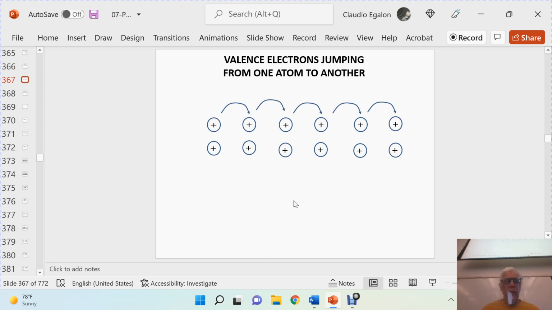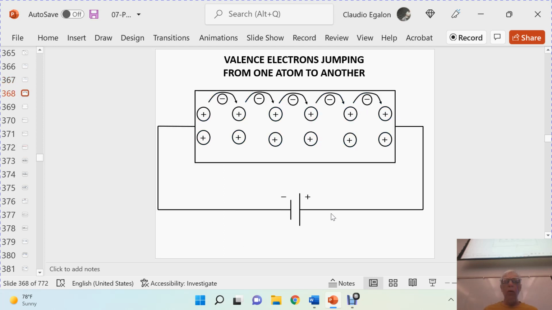And those valence electrons in metals are capable of jumping from one atom to another. This jumping is random. It's not in a single direction, unless you apply an electric potential to the material. If you apply an electrical potential, those negative charges overall are going to move towards the positive side of the battery.